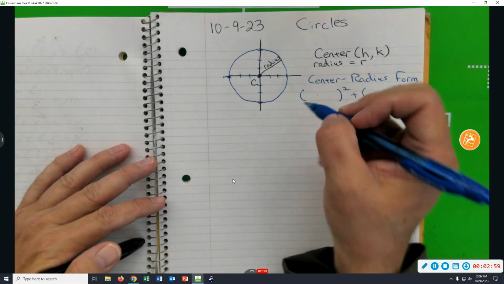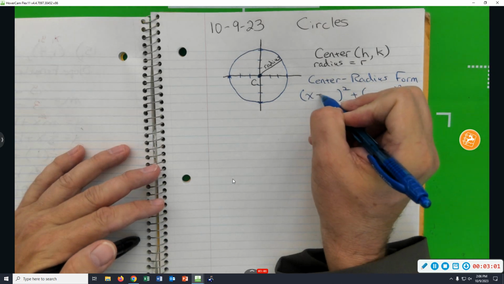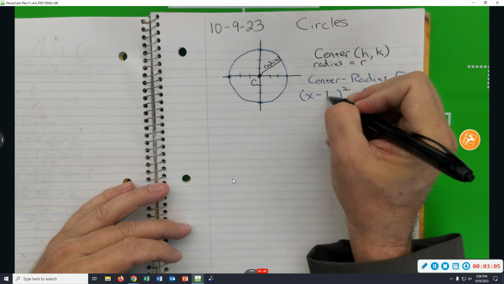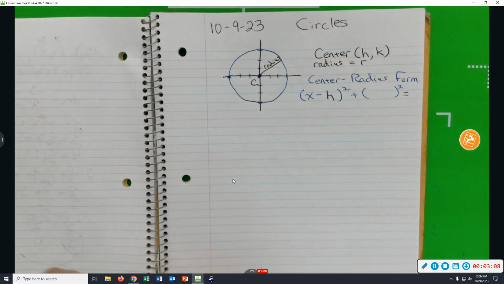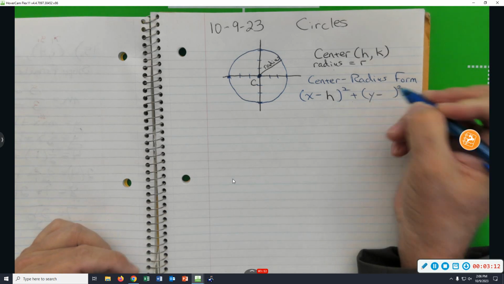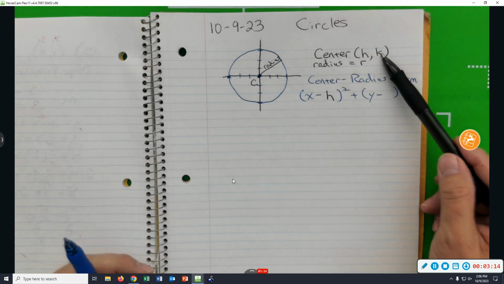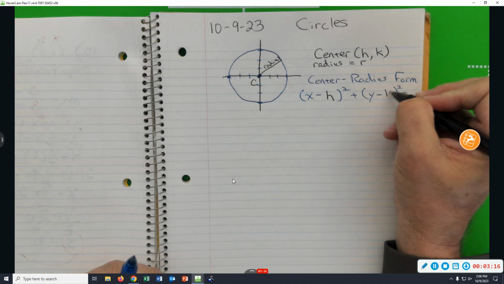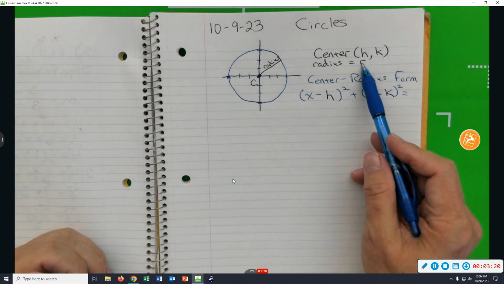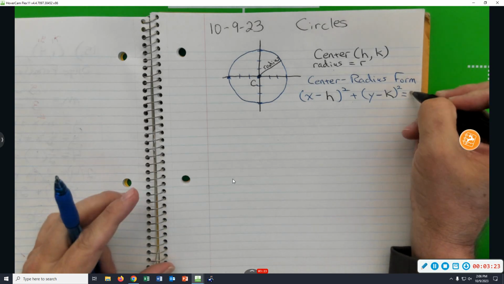Center radius form: it's x minus the x coordinate of the center, h, quantity squared, plus y minus the y coordinate of the center, which we're denoting as k, quantity squared, equals the radius squared.